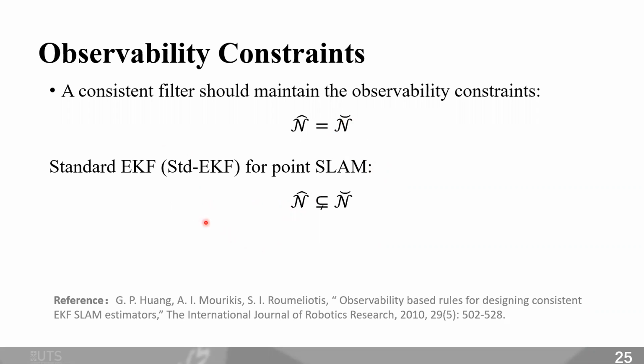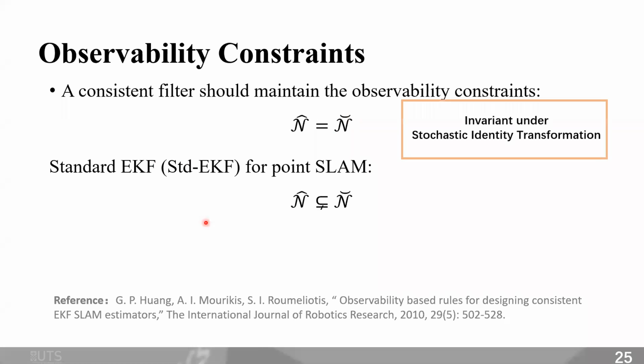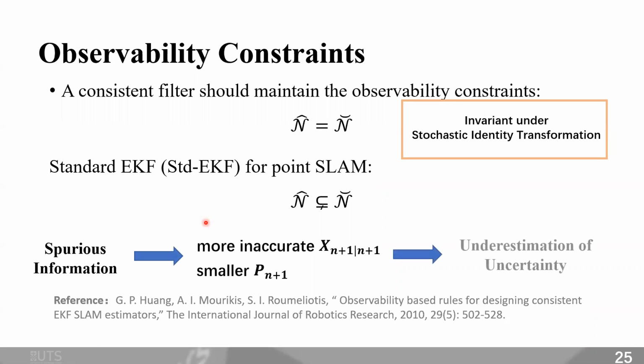This shows Std-EKF obtains spurious information, making its estimation more inaccurate. But the Std-EKF itself thinks that it got more correct information and thus lowers the covariance. Finally, Std-EKF underestimates the uncertainty, leading to the inconsistency.